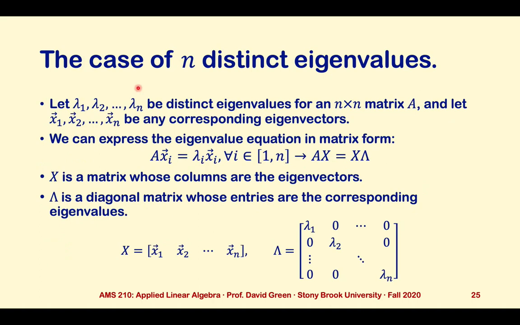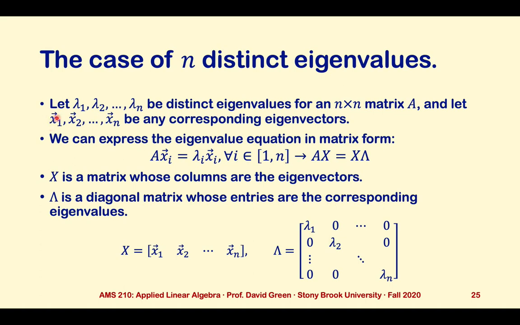Well, let's again consider this special case where we have n distinct eigenvalues. And let's call those lambda 1, lambda 2, and so on. We'll have n of these, and these are all different numbers for some n by n matrix. And each of these will have an eigenspace that's a line.